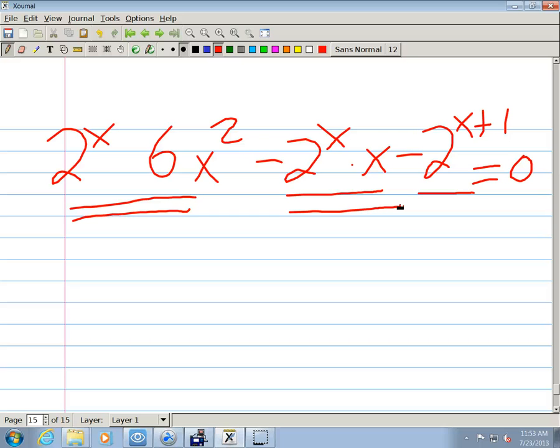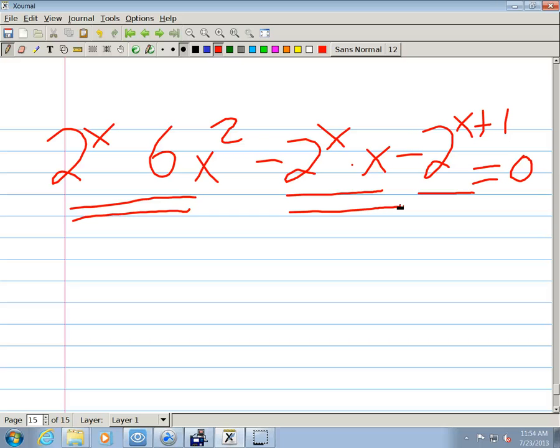When do you add the exponents? When you're multiplying two exponentials or two powers with the same base. So could you rewrite that as a product of two powers of the same base? 2 to the x times 2 to the 1. In other words, 2 times 2 to the x, right?